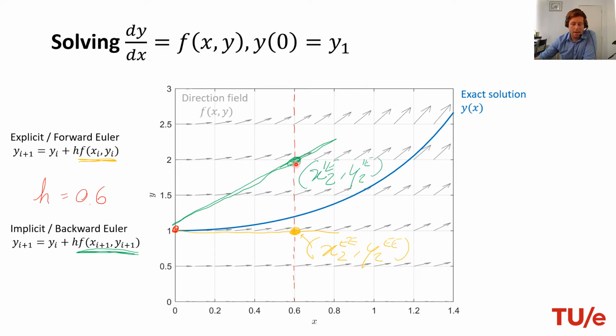So ideally, we should be able to combine both those sources of information to come up with a method which is better, let's say more accurate and more usable in practice. And that's our aim in this video: to try and find a numerical method that combines both explicit and implicit Euler, such that we can take into account that this direction field varies between 0 and 0.6 in here.